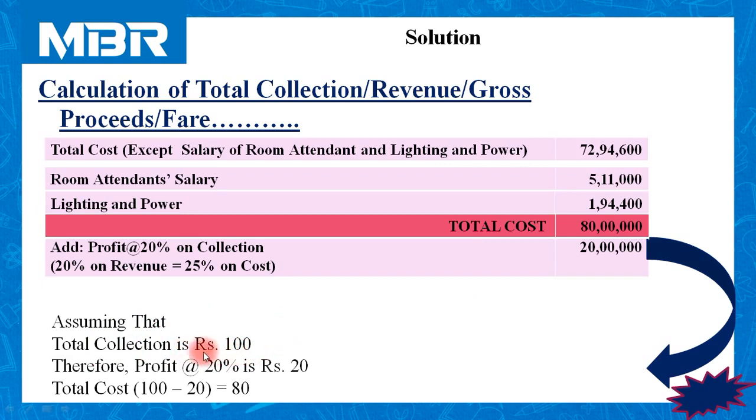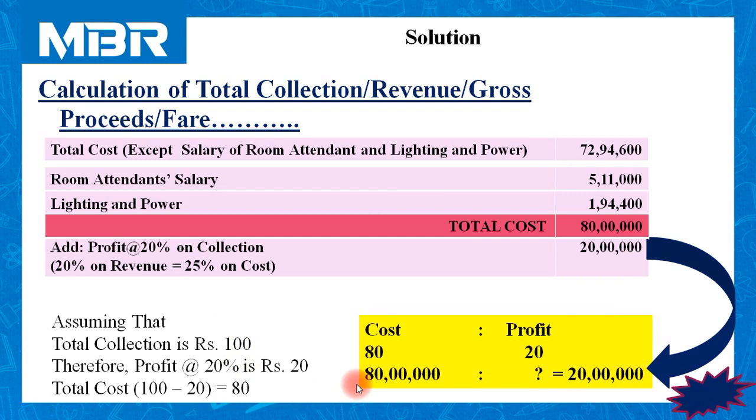Out of total collection rupees 100, profit at the rate of 20% is rupees 20. So 100 rupees income, 20 rupees profit. So cost equals to 100 minus 20 is equal to 80 rupees. Using this assumption, you can prepare your cross multiplication.